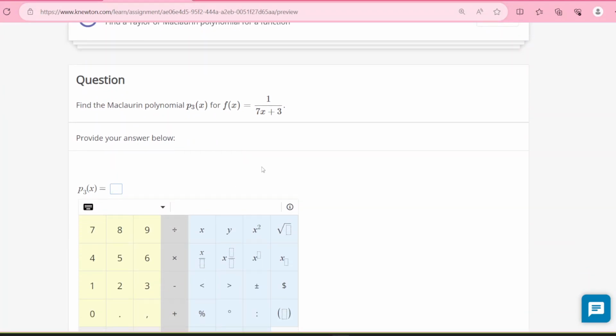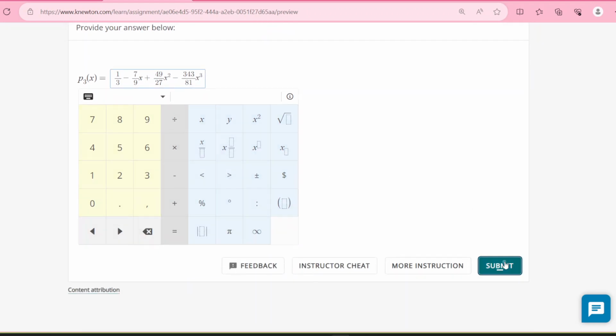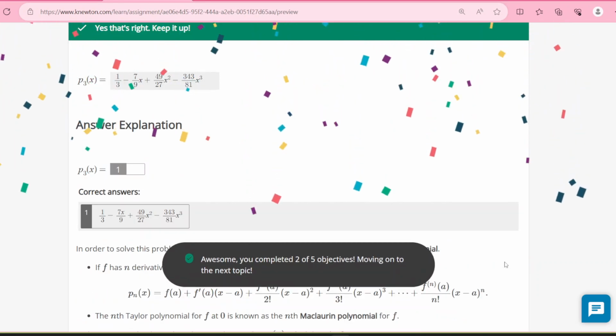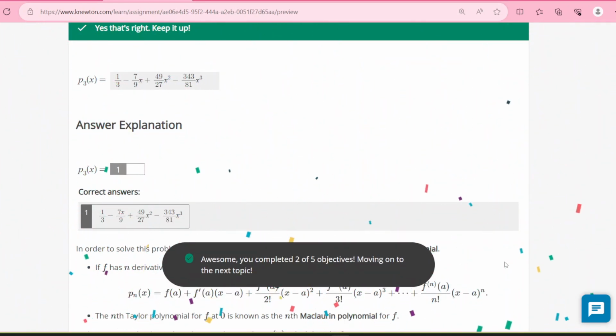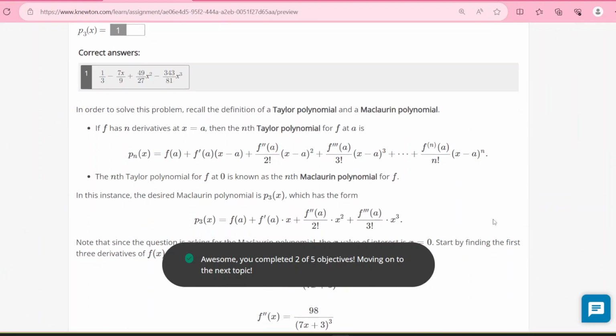So the constant 1/3, then minus 7/9 times x plus 49/27 x squared minus 343 over 81 x to the third. And there should be, if I did things correctly, the third degree polynomial that approximates that function. Wonderful. And that looks like it for that.